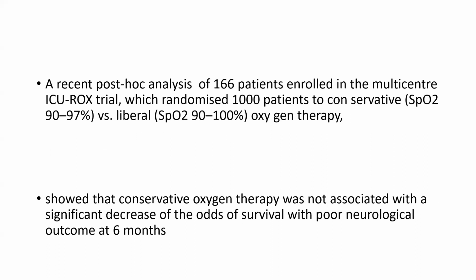A recent post-hoc analysis of 166 patients enrolled in the multi-center ICU-ROX trial, which randomized 1,000 patients to conservative and liberal oxygen therapy, showed that conservative oxygen therapy was not associated with a significant decrease in the odds of survival with poor neurological outcome at 6 months.